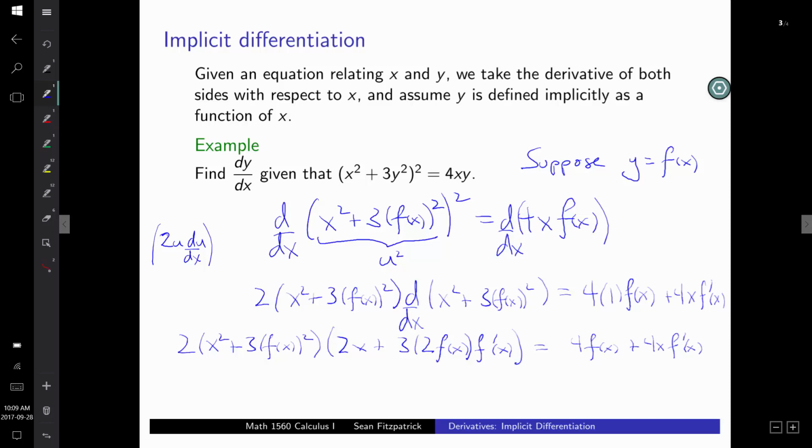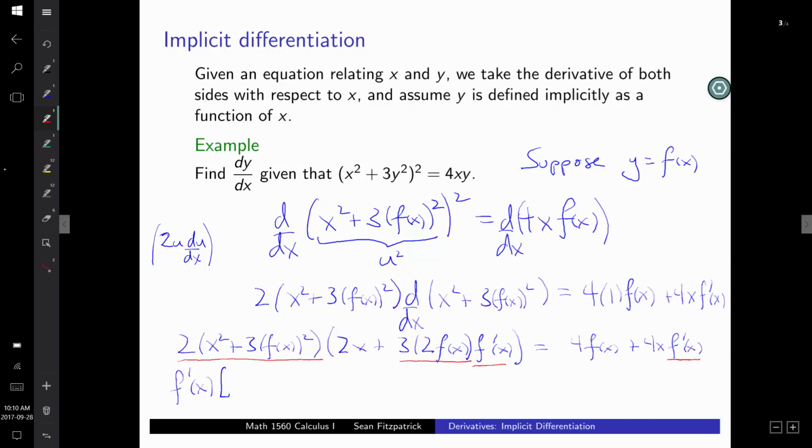It's a big mess, but we're making progress, because what we can do now is solve for f prime of x. We can collect up all the terms with f prime of x in them. So how does that look? We go f prime of x times, what is multiplying f prime of x on the left? I've got f prime of x times this guy, but then also times all of this out front.